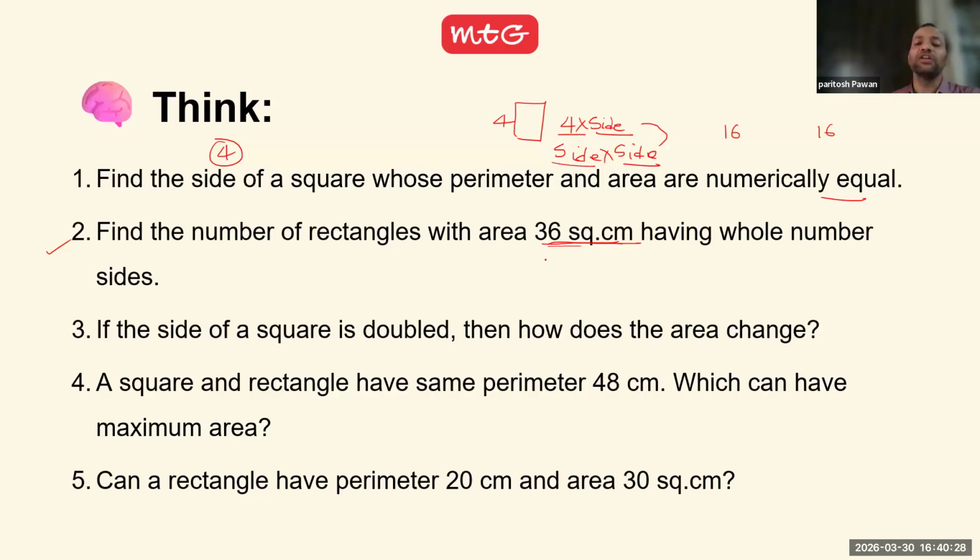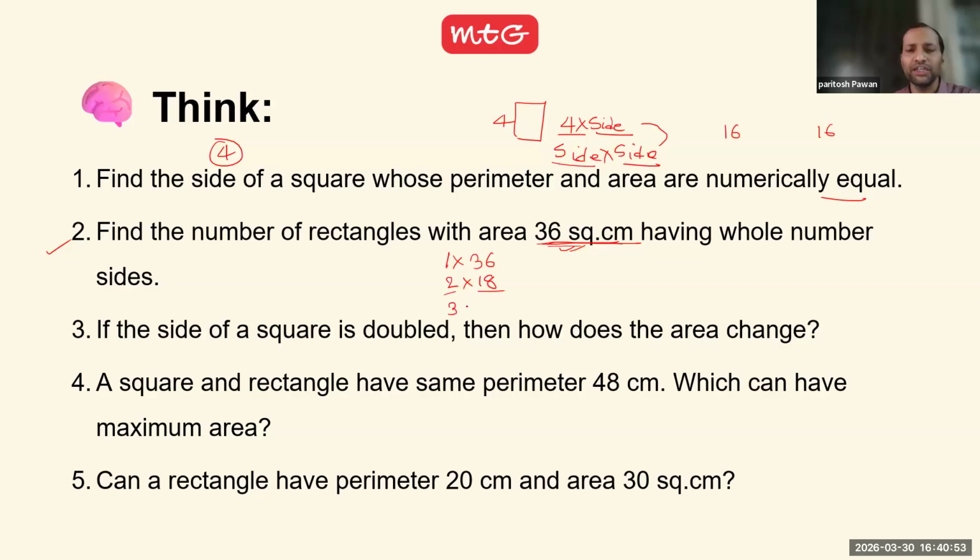So what we have to do is write all the factors of 36. Like 1 into 36, it can be one rectangle whose area will be 36. Next, 2 into 18, so its area is also 36. It means the length will be 18 and the breadth will be 2.